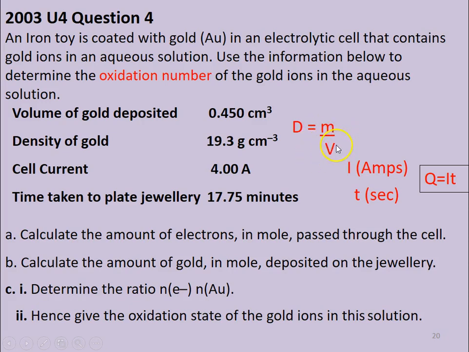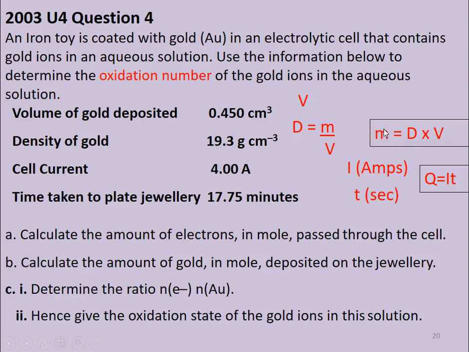These are both referring to exactly the same thing. The mass of the gold and the volume of the gold gives you the density. You can see up here you've got the volume of gold. So you've got the density and the volume, and therefore, if you rearrange that equation, you'd be able to find the mass of gold that you had.